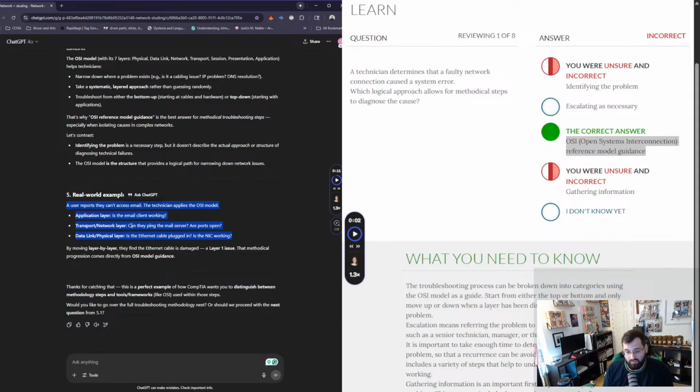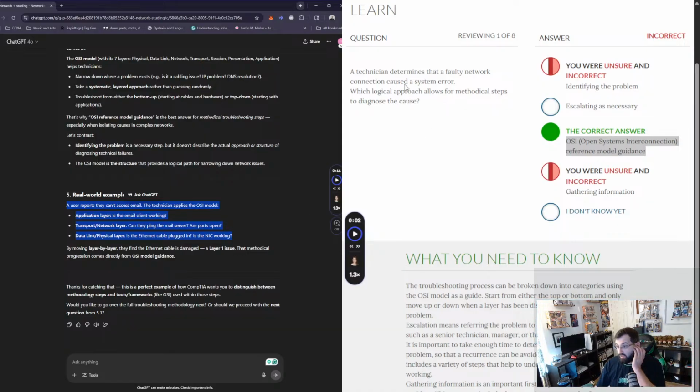So what I did is I disconnected the NIC so I could completely pull it away from the internet and troubleshoot the hard line, which was layer 1 by itself, but I forgot to reattach the NIC. If I would have gone through the OSI model first to determine where the problem was, then I would have been able to identify the real issue, which was that the NIC was not plugged into her computer. So this is a real-world scenario.